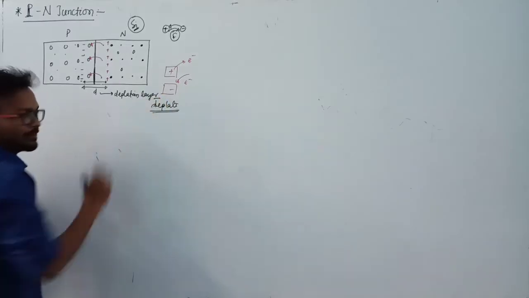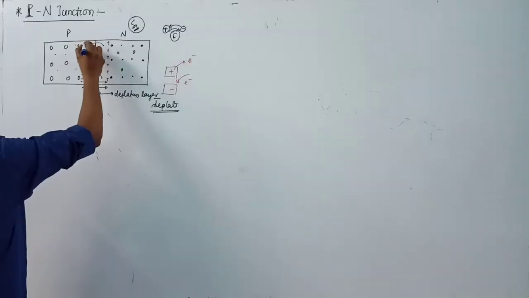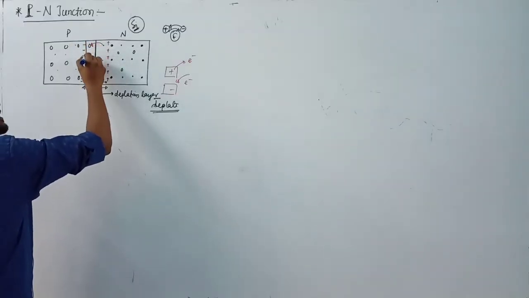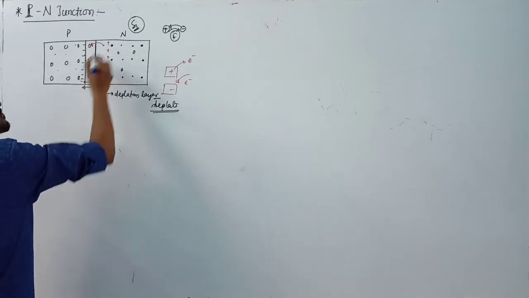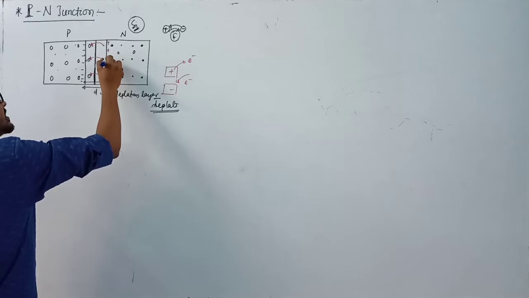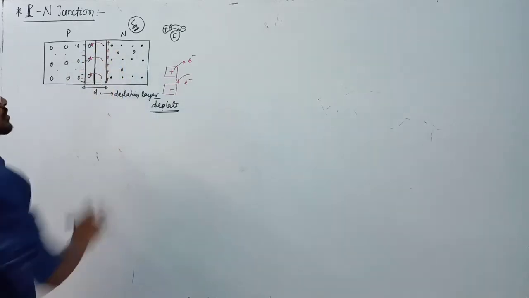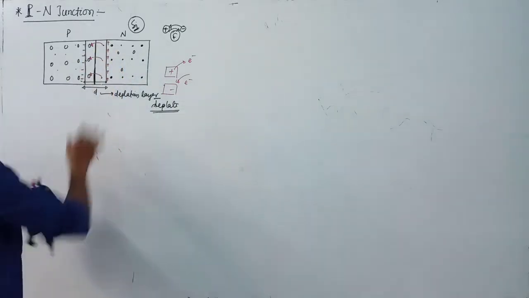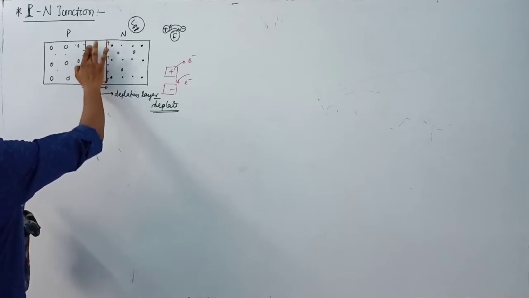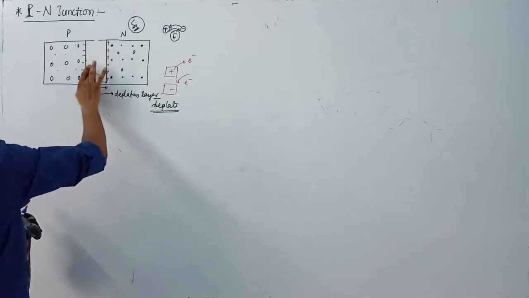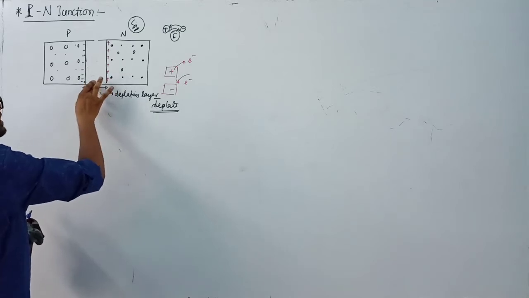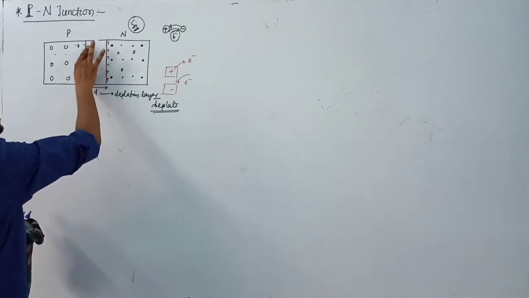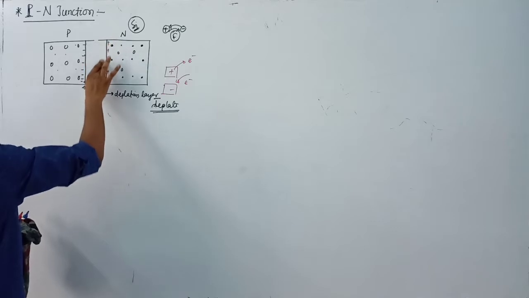Depletion layer. Clear? And there develops this region and another region. There is no charge. Now here the total region is vacant. Why? Because electrons and holes in this region are neutralized and depleted. So it forms a PN junction.